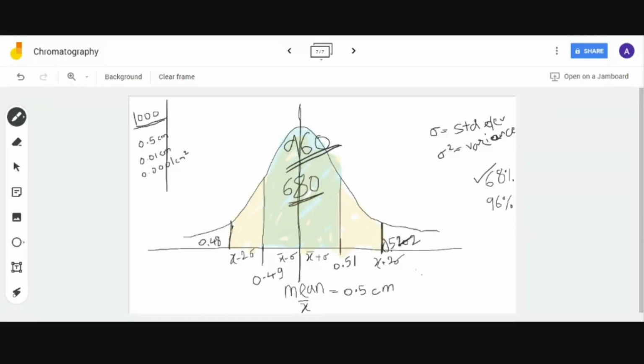Now consider that I have injected my column with 1000 microgram of the drug. 1000 microgram मतलब कितना हो गया? 1 milligram. लेकिन to understand in easy terms, let us consider that I am injecting the column with 1000 microgram of the drug. अभी यहाँ पे 0.5 सेंटीमीटर मीन है.